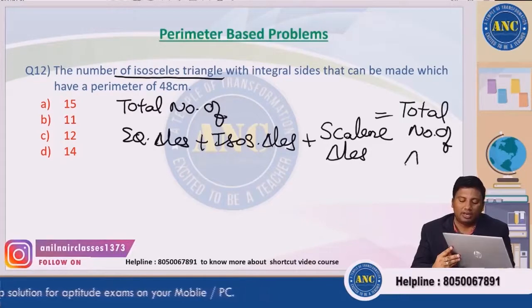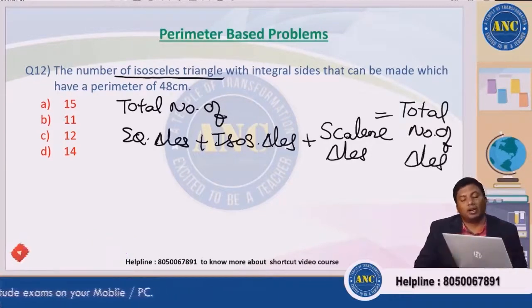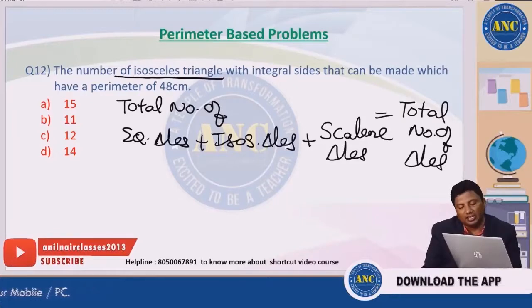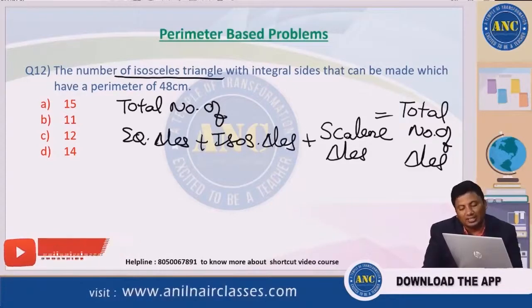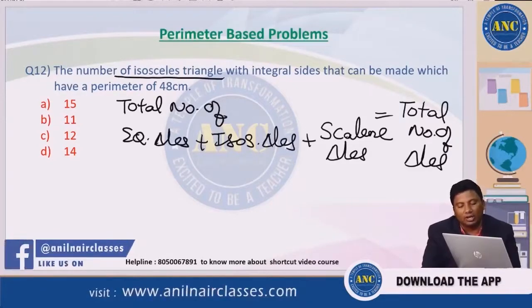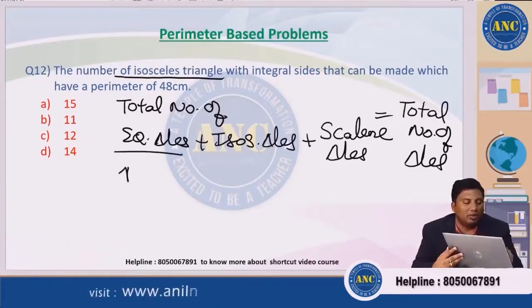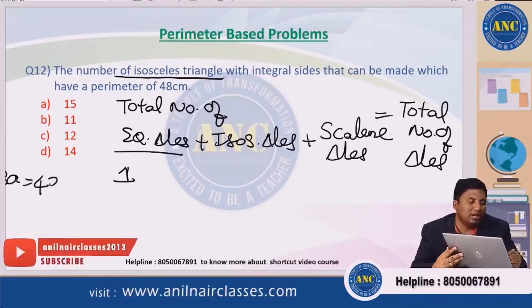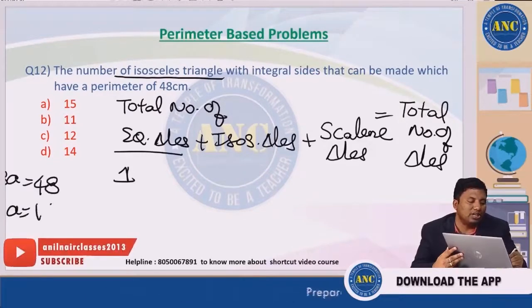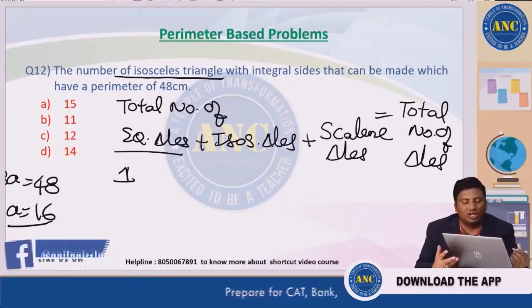Equilateral triangle, there will be only one, because 3A is 48. A will become 16. 16, 16, 16, only one.